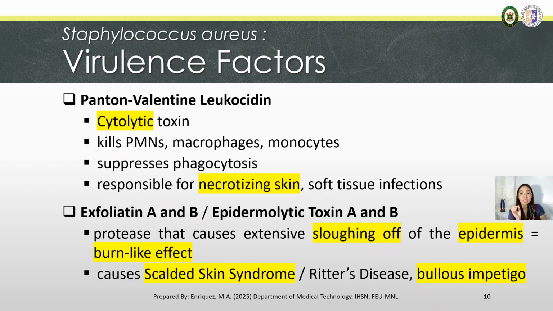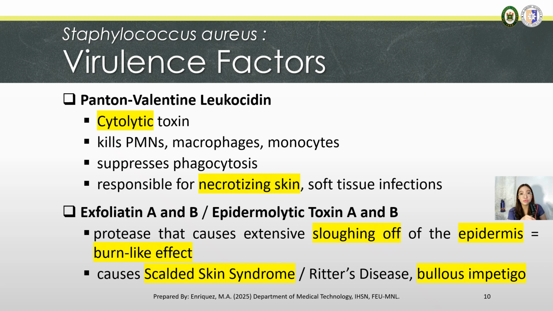Next is exfoliatin A and B or epidermolytic toxins A and B. These ones are proteases. So when we say proteases, they could destroy protein structures. All right, again, proteases are capable of destroying protein structures, right?